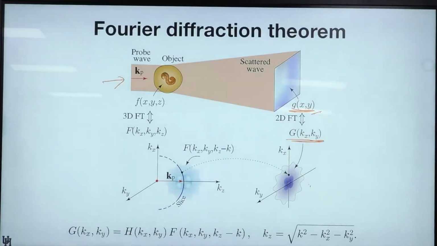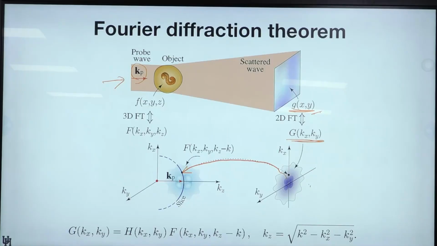Now you take this and put it into the Fourier plane of k_x, k_y, k_z of the object. So this is for one direction k_p. k_p is the direction vector. It is one direction.